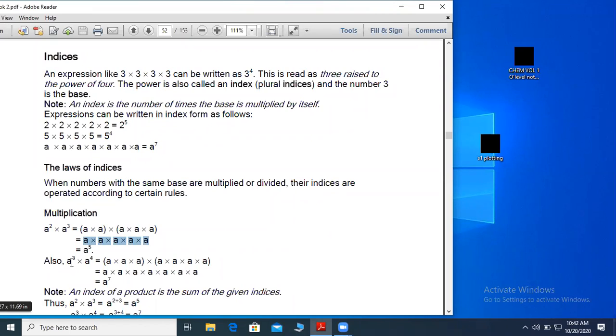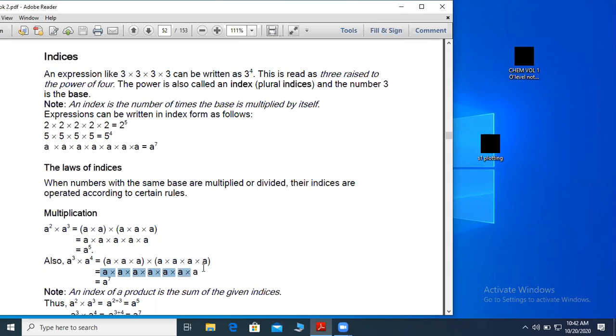Then if I have a power 3 times a power 4, a power 3 is a multiplied by itself 3 times. Then a power 4 is a multiplied by itself 4 times, which gives us a times a times a times a times a times a times a, and it is a power 7.